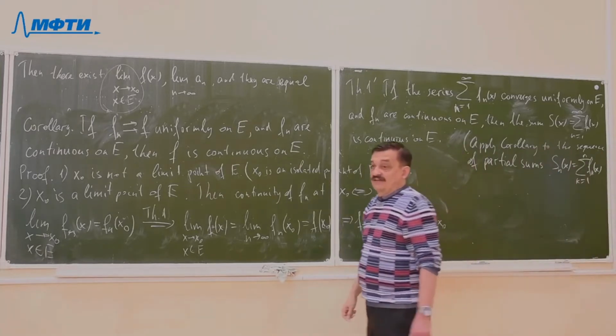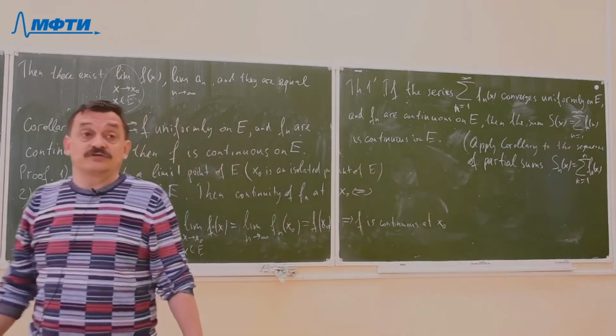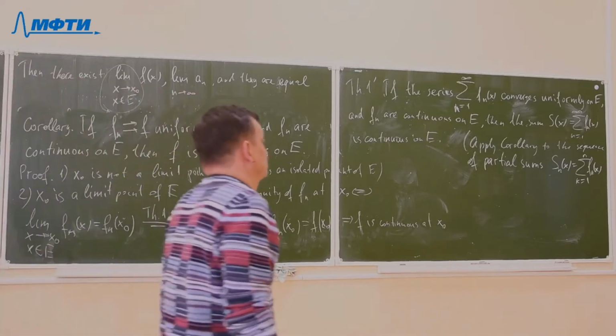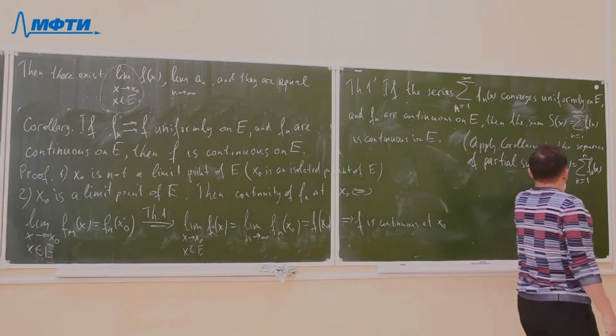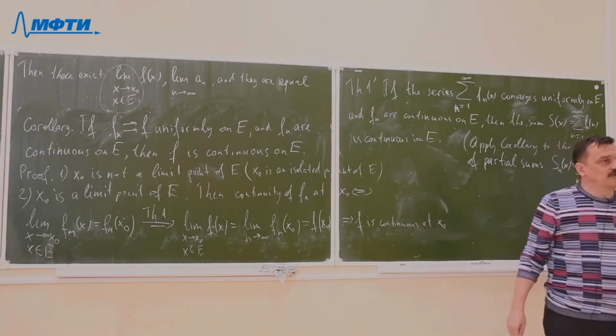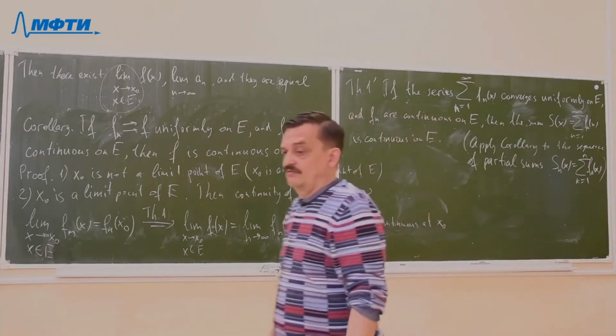So finite sums, they are continuous for sure, and it means we have a limit of a uniformly convergent sequence, so everything works.